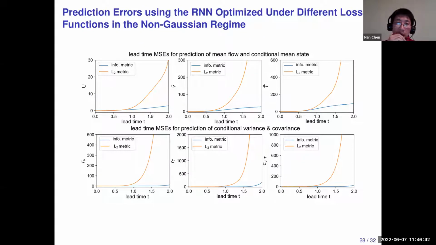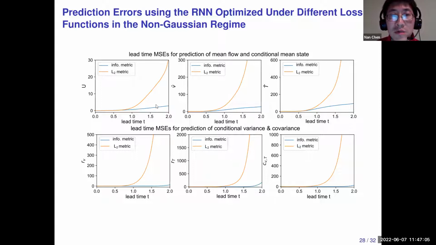So then we have to ask ourselves a question: is this information criterion to train the neural network a necessary step? What if we just use the L2 norm as a training criterion? Here, when we use the L2 norm as a training criterion, we enforce the covariance matrix to be positive definite. So we did a lot of tuning here.